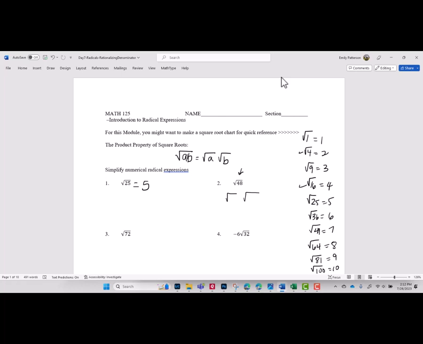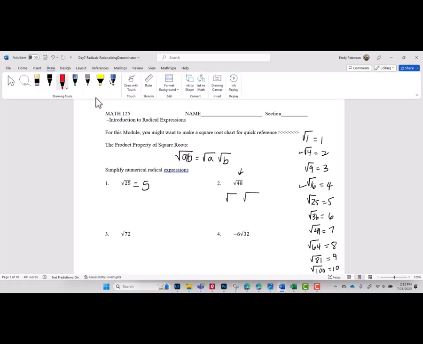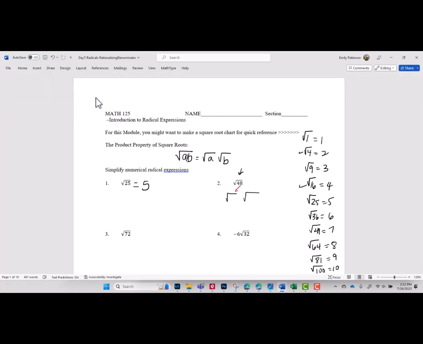I can choose 4, but it's not the largest, so I might have to break it down later. We're going to choose the largest one to make the problem simpler. So 48 can be broken down into two factors: the square root of 16, and if I divide it out, 48 is 16 times 3.